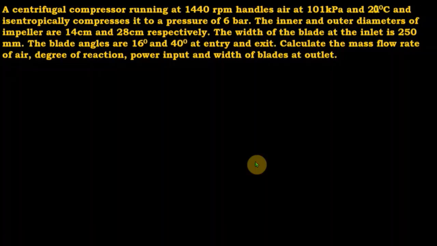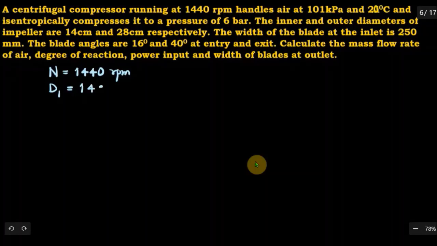Now we have the speed of the impeller N equal to 1440 RPM. The diameters at inlet and outlet are given. So capital D1 inlet, that is 14 centimeters, that is equal to 0.14 meter.